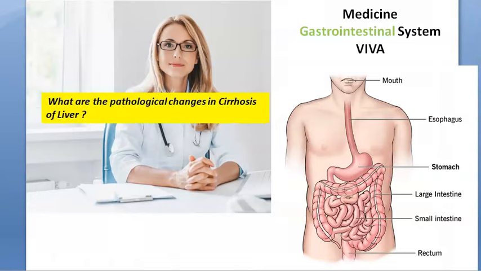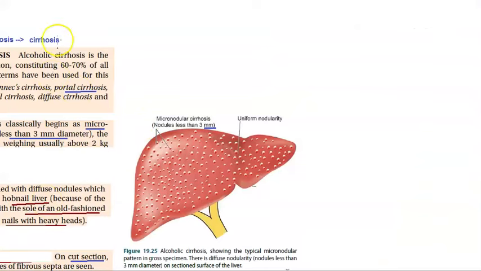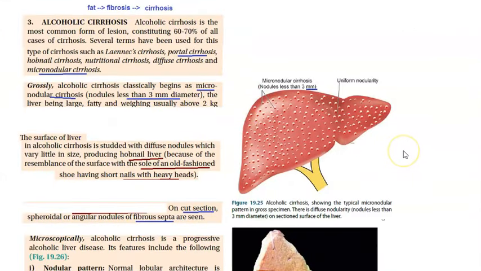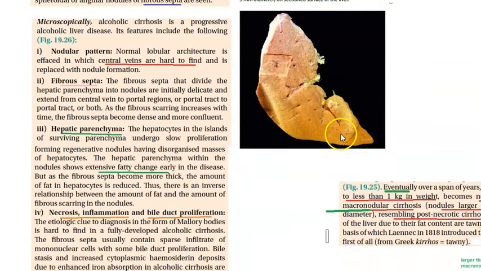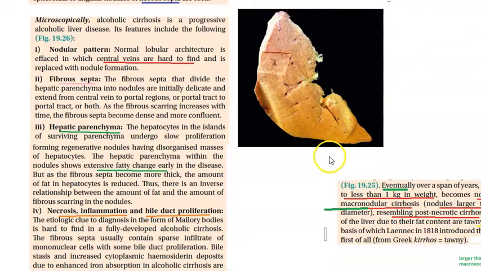What are the pathological changes in cirrhosis of liver? Ma'am, in cirrhosis of liver, grossly we can see micronodules, ma'am. Then we can see hobnail liver. We can see fibrous septa in the cut section. Microscopically, we can see again nodular pattern, fibrous septa.